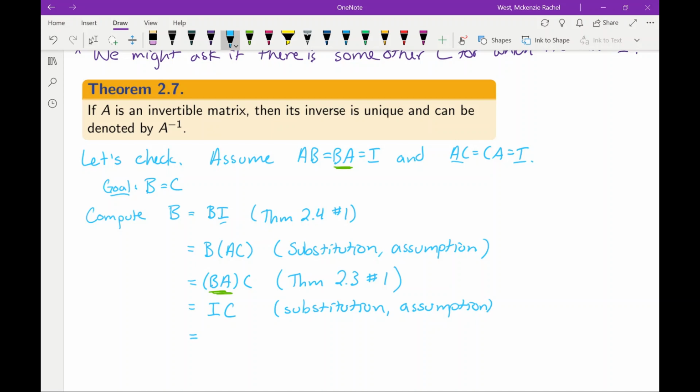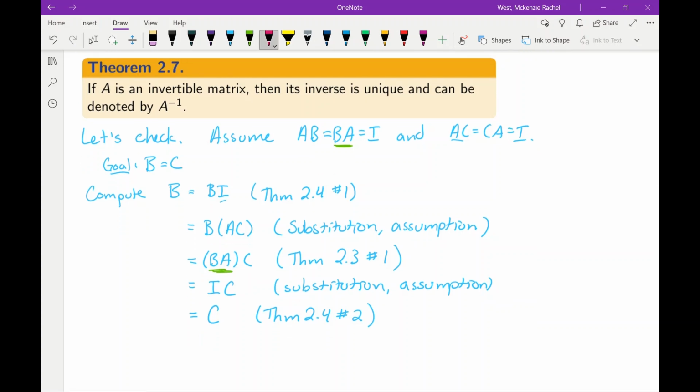And then lastly, we add in this step. This is the same thing as C, again by theorem 2.4, property 2 this time, because the identity is on the opposite side of C. Okay, so therefore, B is actually equal to C as desired.